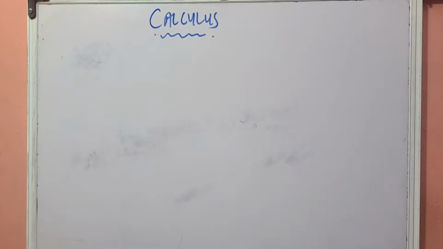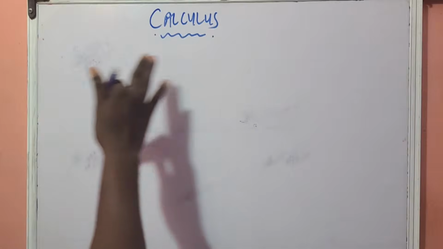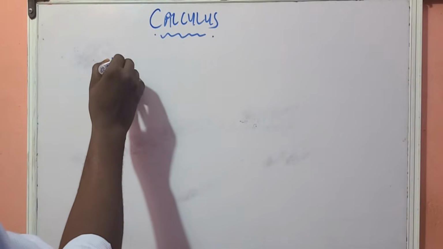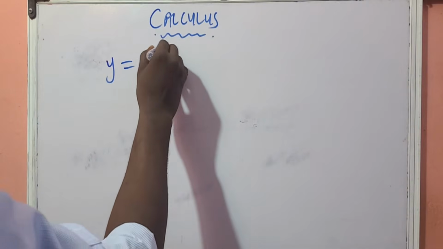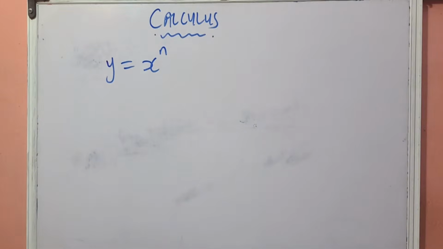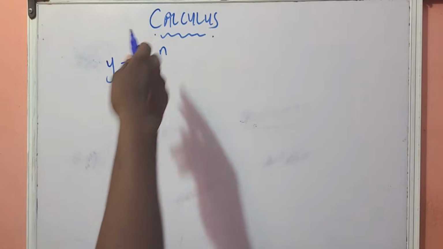Now, I'm sure we all have the general ideas around differentiation already. The general differential tactic is, let me say it this way, if you have y equals x raised to power n, let's take this as any function, y being equal to x to the n.